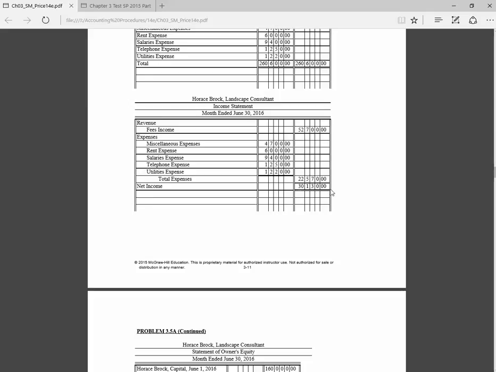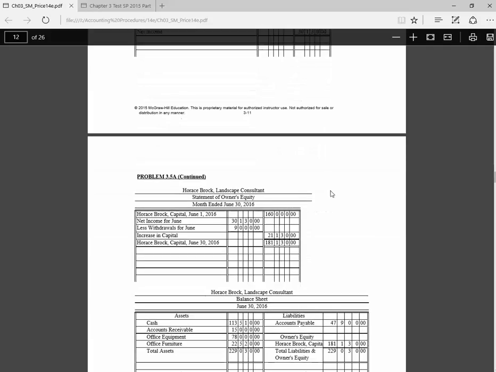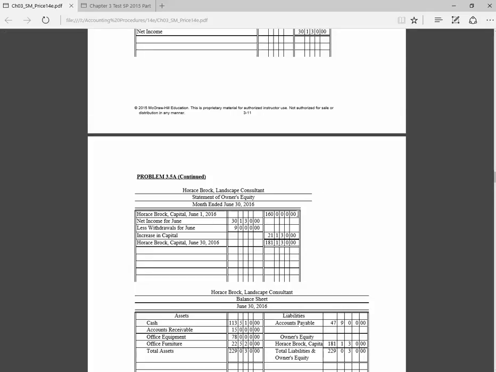Okay, we take that net income number and we drop it into our statement of owner's equity, starting our statement of owner's equity with the beginning balance of our owner's equity, showing our net income, showing how much money was withdrawn from the company this month, and then how much money we increased. Sometimes it's a decrease, but in this case it's an increase.